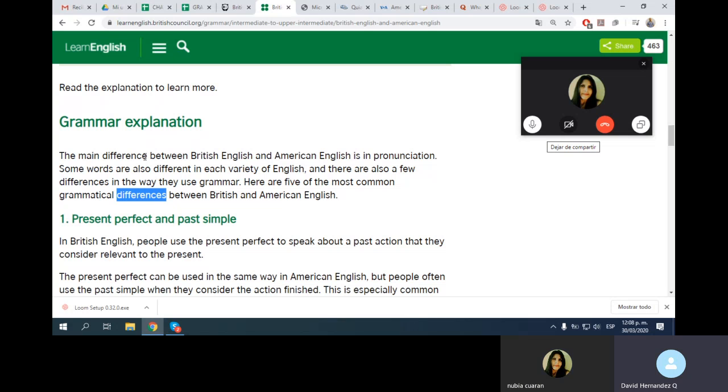And when it's in singular, like here, you say difference. Difference, differences. So en singular es difference y en plural es differences.